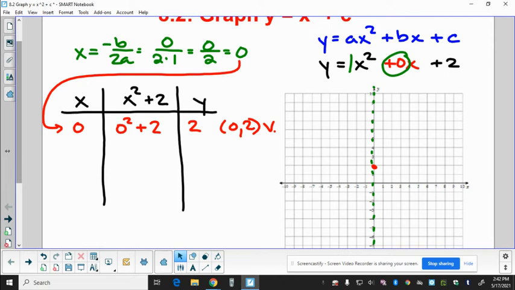Now, let's pick a few more points that are close to the line of symmetry. Like let's try the number 1. And that'll give you a 3 as an answer. So that's 1, 3. So let's go ahead and graph that point, 1, 3. Let's pick one more number.